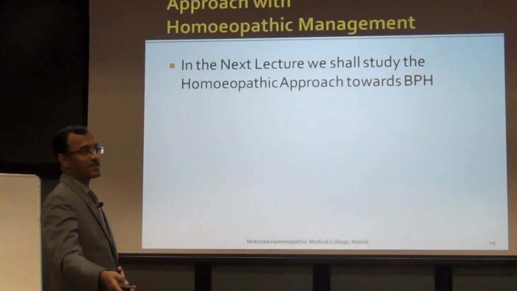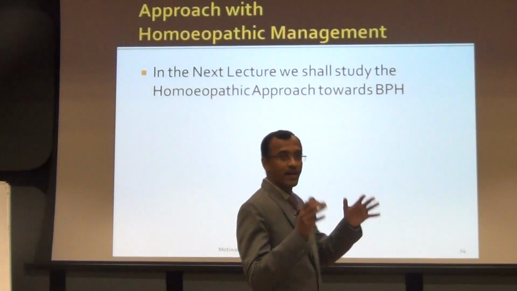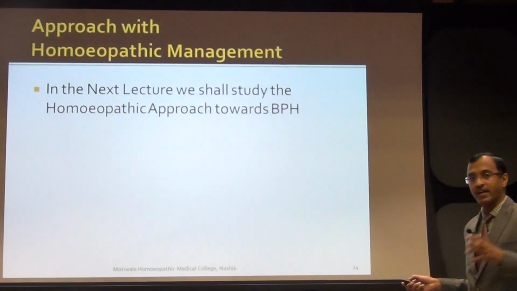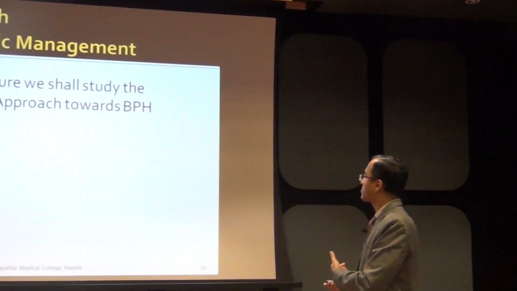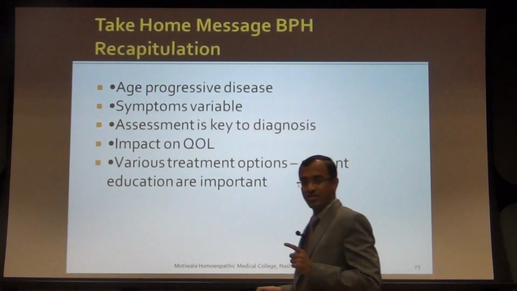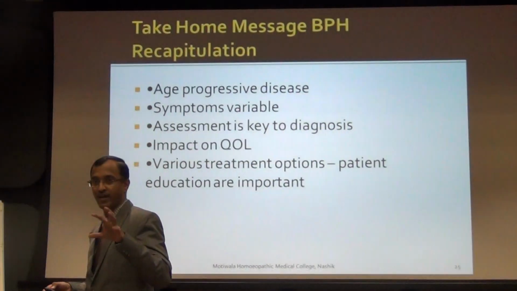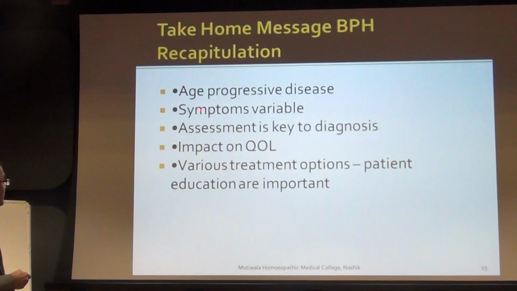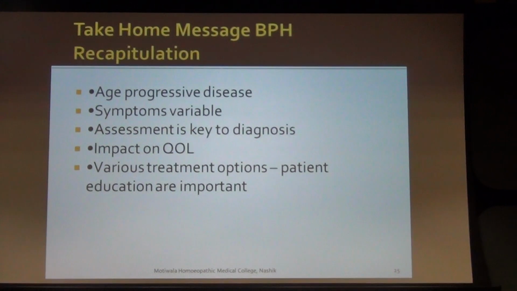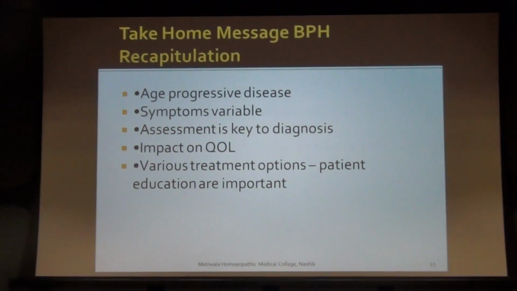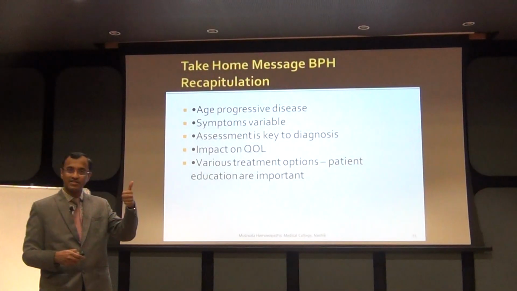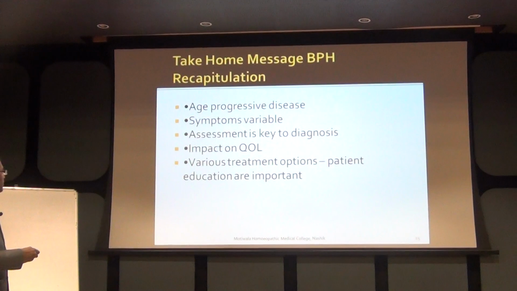Definitely, maybe in the next lecture we will be able to tell you how one can have a homeopathic approach for the management of prostatic hypertrophy. So in today's lecture, what is the take home message, or if we have to recapitulate what we have learned, it is an age progressive disease, its symptoms are variable, and the assessment is key to diagnose this condition based on urgency, frequency and hesitancy of urination.